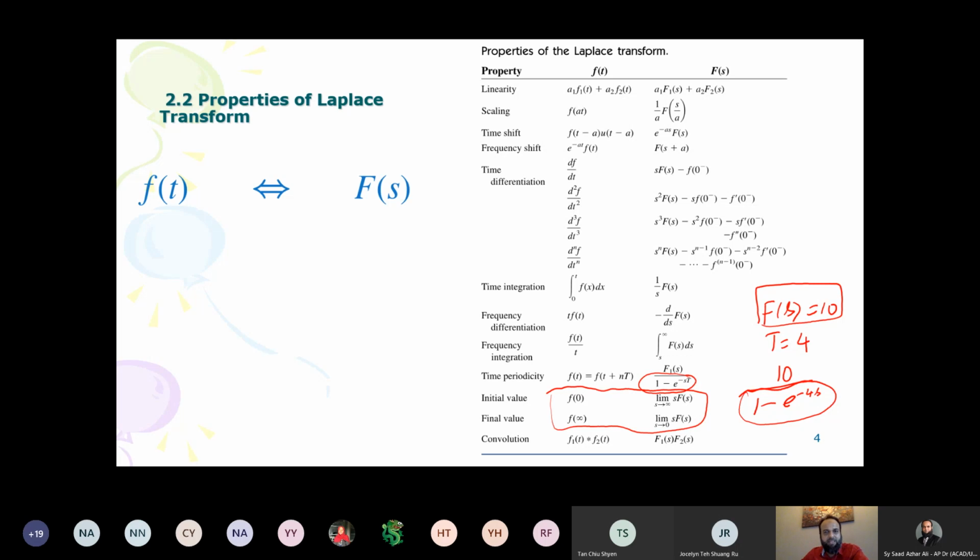Both of them are multiplied with s, but initial value has s tends to infinity and final value has s tends to 0. And just to remember that time and frequency are reciprocals. So if t is 0, frequency is infinity. If t is infinity, s is 0, right?